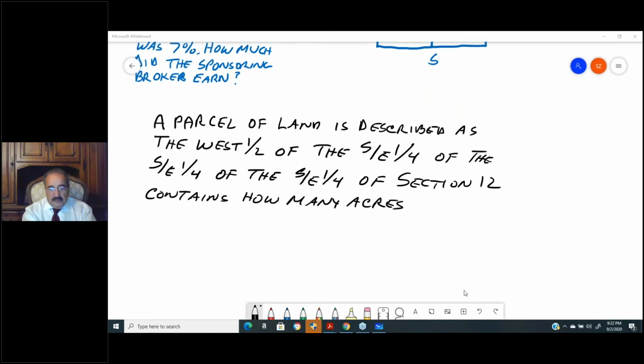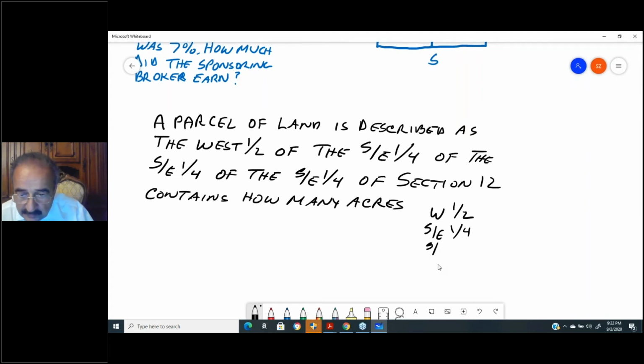Let me show it to you. I'm going to write this whole thing out. The west half, the southeast 1/4 of the southeast 1/4 of the southeast 1/4 of section 12.